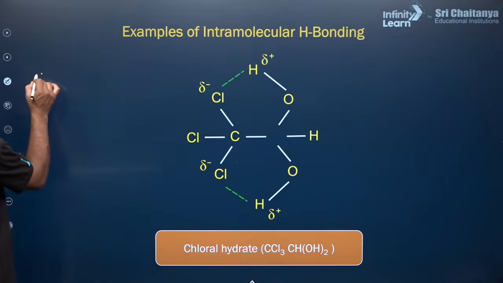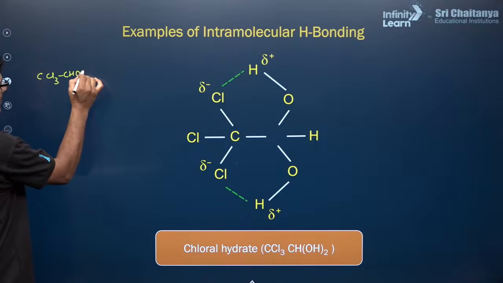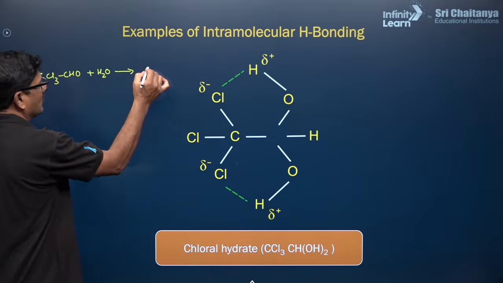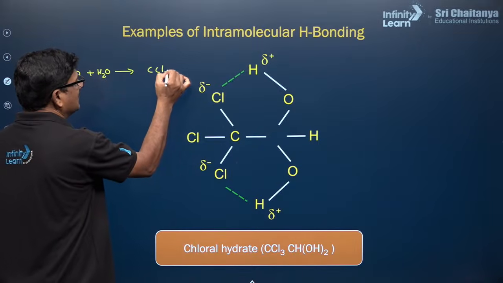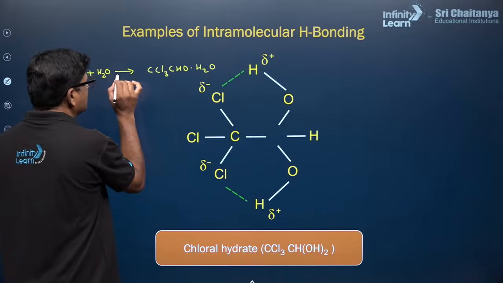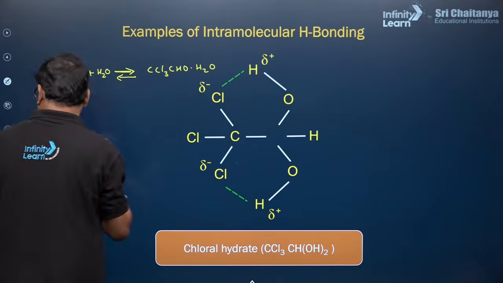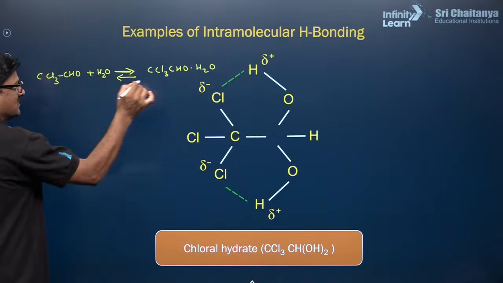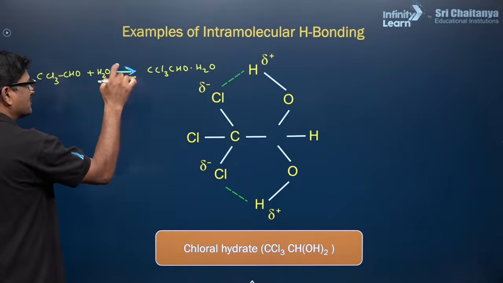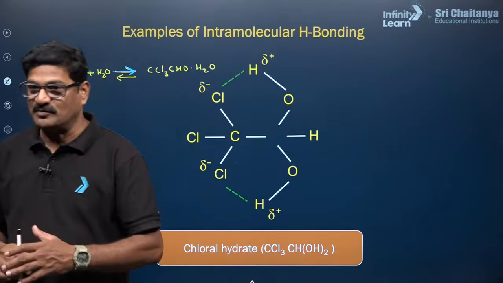Trichloroacetaldehyde, CCl3CHO, whenever it reacts with water, you get CCl3CHO·H2O. This is a reversible reaction, and chloral hydrate is stable, with equilibrium favoring the forward direction because of intramolecular hydrogen bonding.